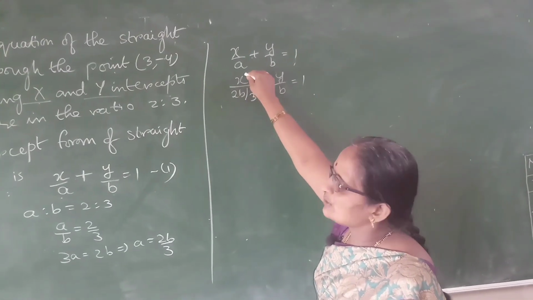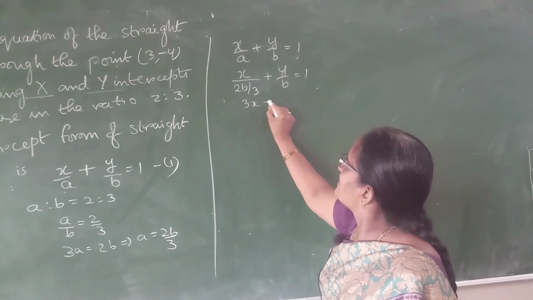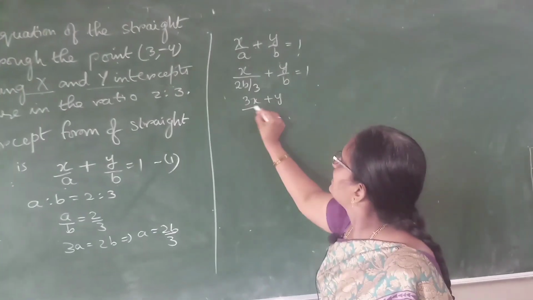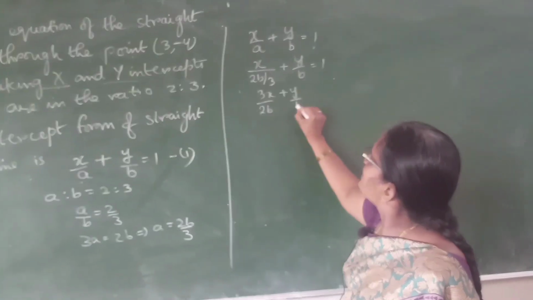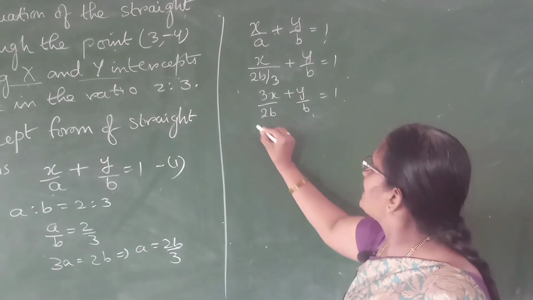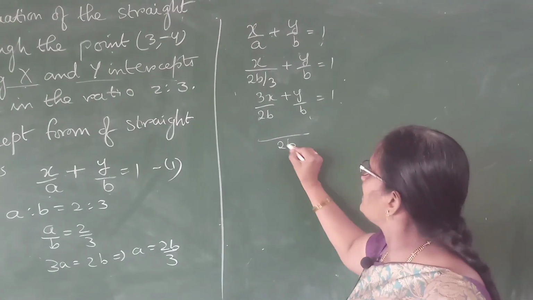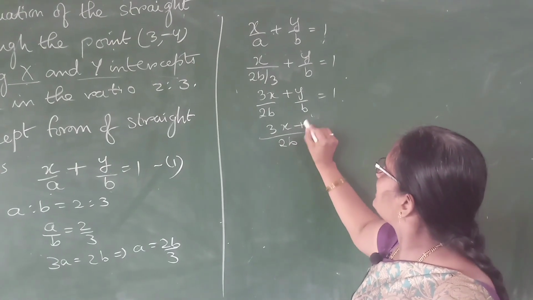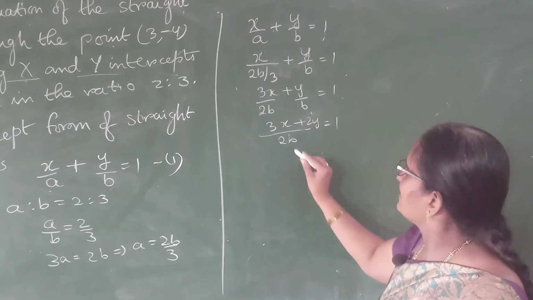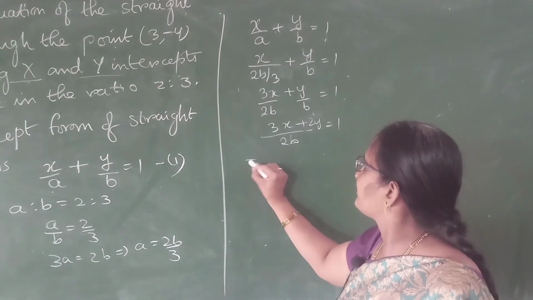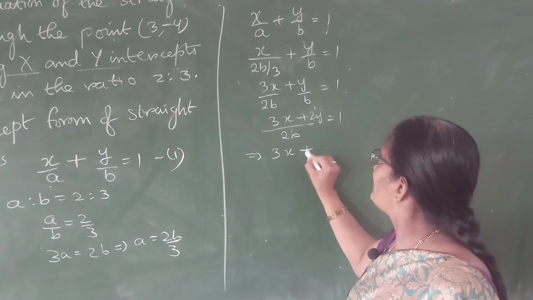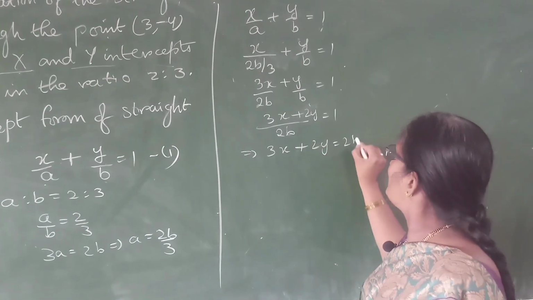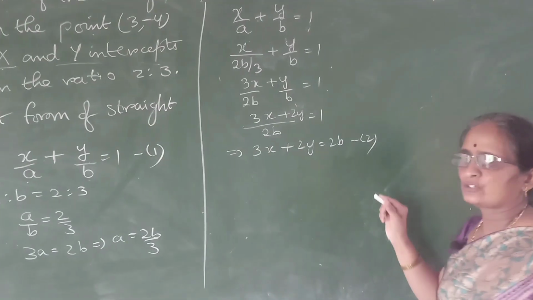So, 3 will go in the numerator, that is 3x by 2b plus y by b equal to 1. Take LCM, this is 2b. So, 3x plus 2y by 2b equal to 1. Cross multiplication, 3x plus 2y equal to 2b. Let this be equation 2.